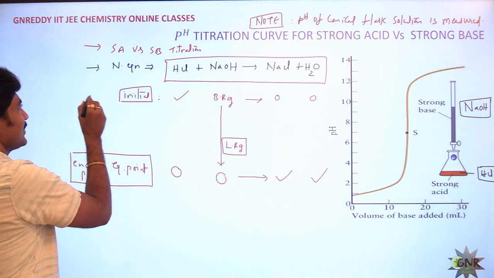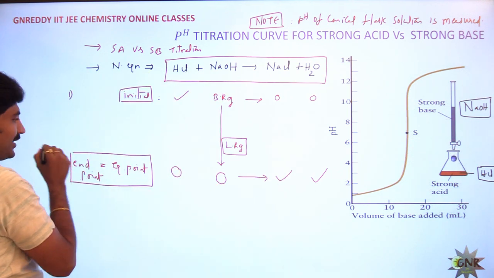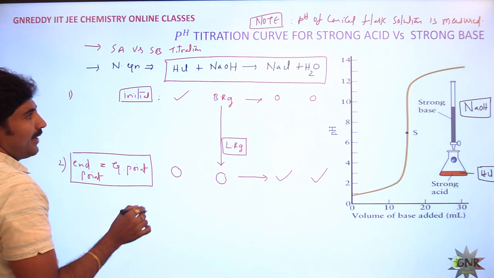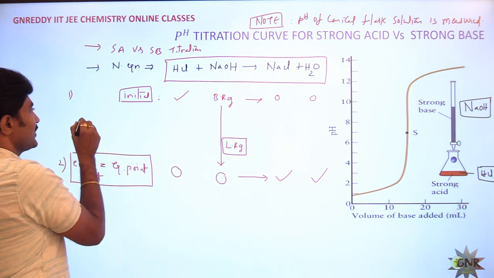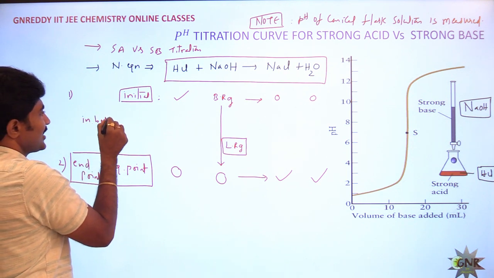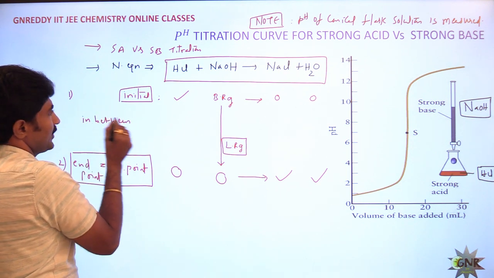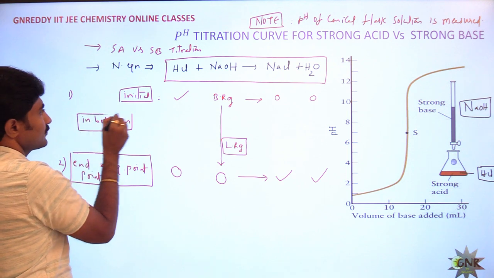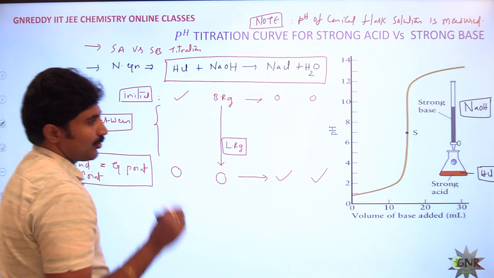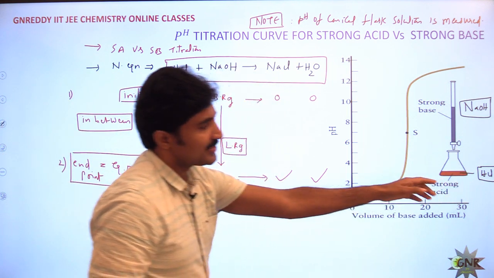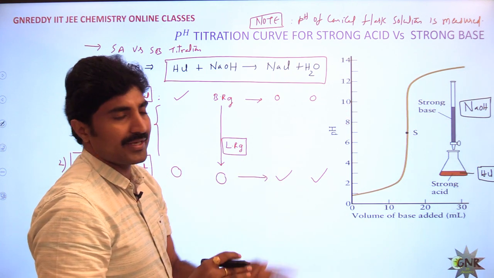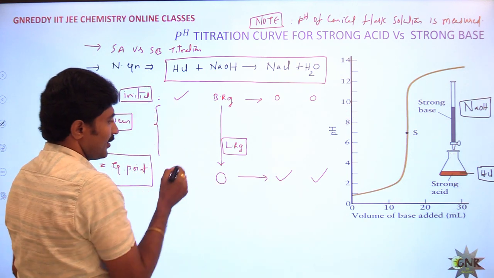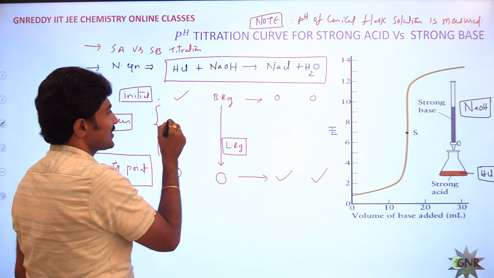So this is initial and this is the equivalence point, and in between initial and equivalence point, what happened? The HCl taken initially in the conical flask will be slowly consumed by adding NaOH, but only at the equivalence point is it completely consumed.